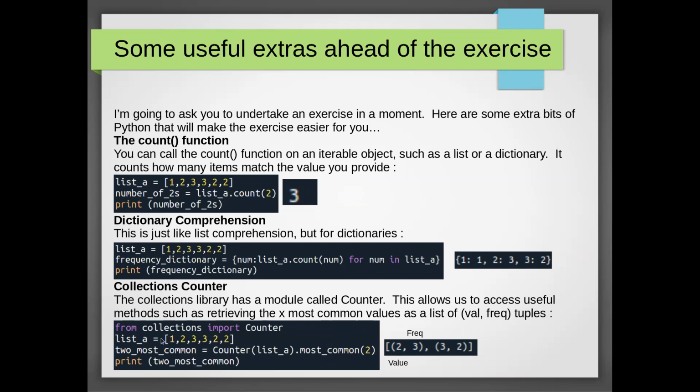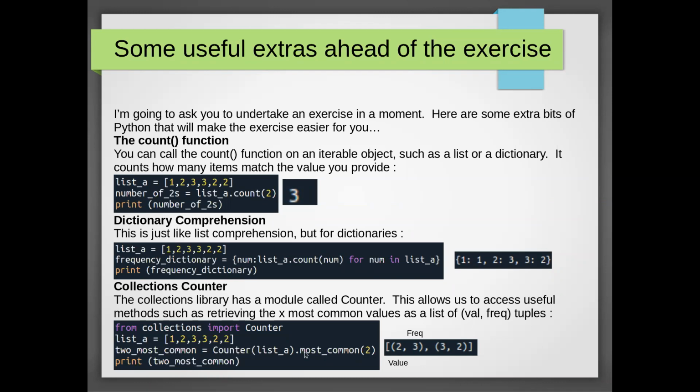So let's again take our example list here, 1 2 3 3 2 2. What I can do, I can import this counter module from collections, and I can apply the counter to that list. Okay, so that's counter, open brackets, list A, so I pass in the list.